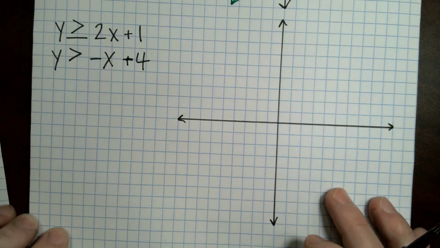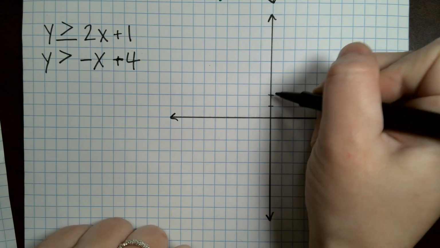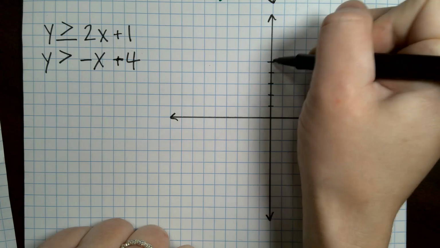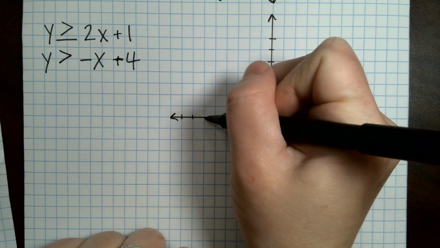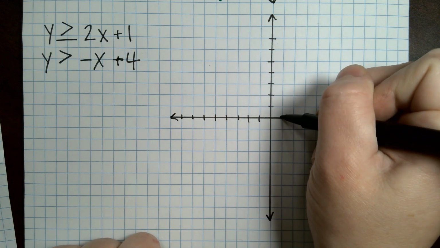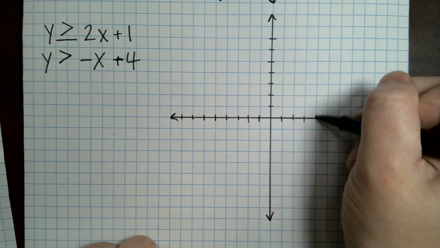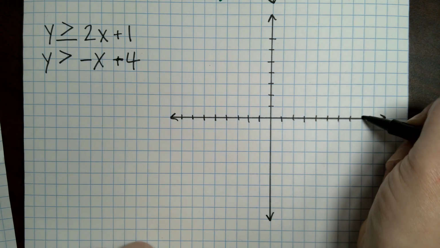All right, so I'm going to create some little tick marks too. We're starting another example of those systems of linear inequalities. We haven't started working it out yet. We're just drawing our graphs right now.